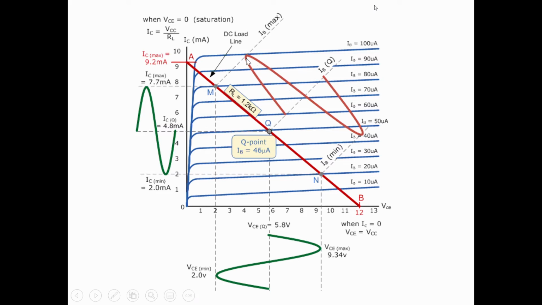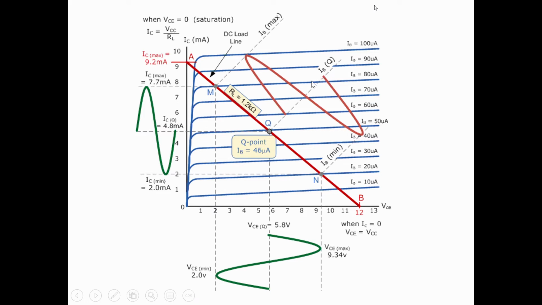You can all see the cursor, right? This is what we apply to the base, which is in order of microamp. Base current is microamp.